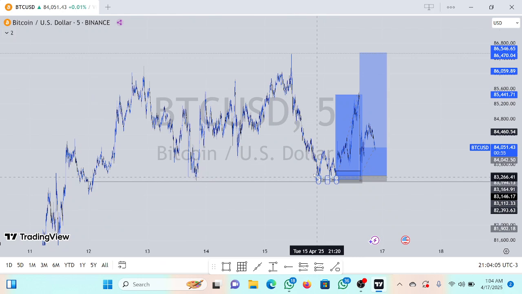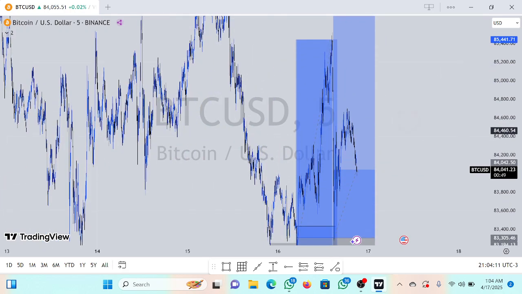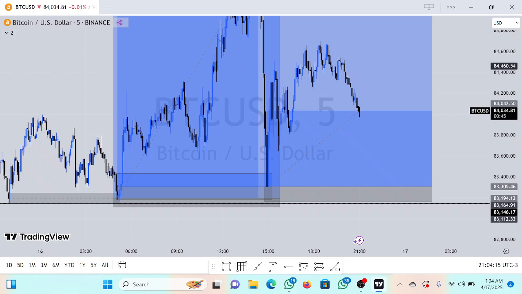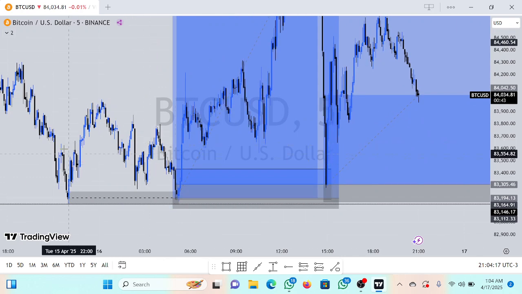This zone mitigated here. At this point price changed character, and I saw a confirmation at a lower time frame. I saw an engineered liquidity, price changed character here, created an inducement. This is an imbalance left here.